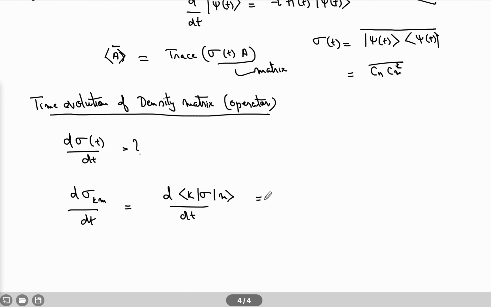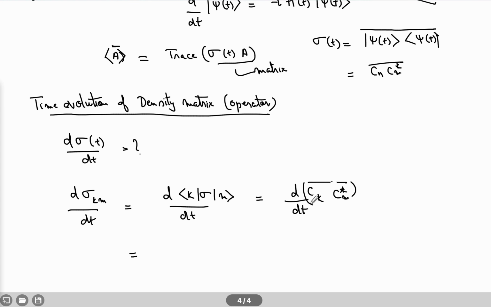Now this can be written as d by dt of ck cm star, where star indicates complex conjugate, right? And there is an ensemble average. Okay, let me rewrite this because of a lot of overwriting. ck cm star.